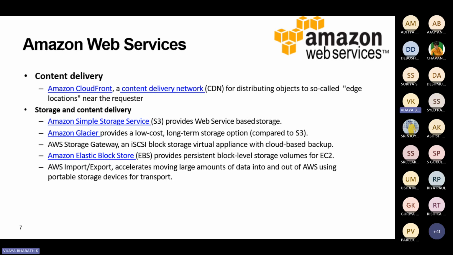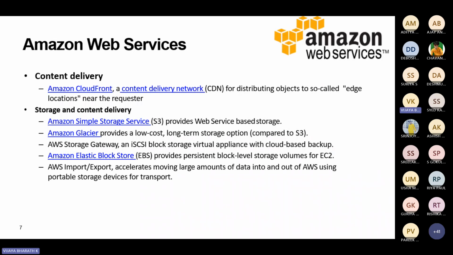The hard disk drives will be separate. Those hard disk drives are called volumes here, and they are managed through Elastic Block Store, whereas in Azure they are called normal drives.